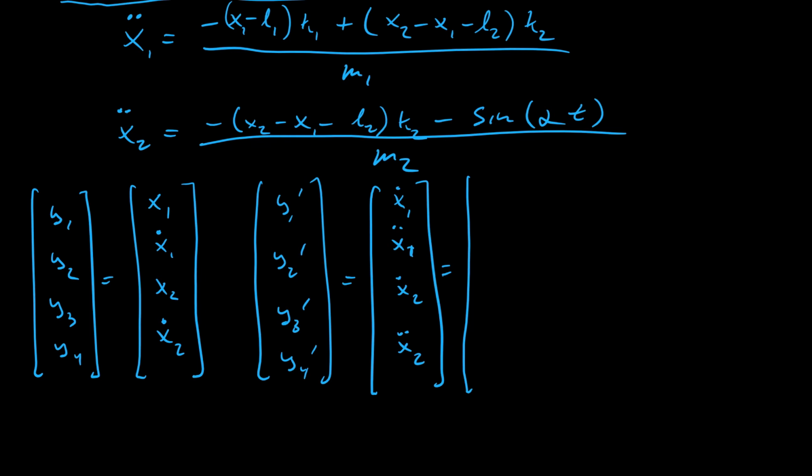So you already know that x1 dot, which we have right here, is going to come from right here. And so we just say that that's equal to y2. The next one, x1 double dot, is going to come from up here. We have our equation, and as I write this, this x1 doesn't necessarily have meaning in this state space, but we know that x1 is equal to y1. And we know that x2 is equal to y3, so we'll substitute that in right now.